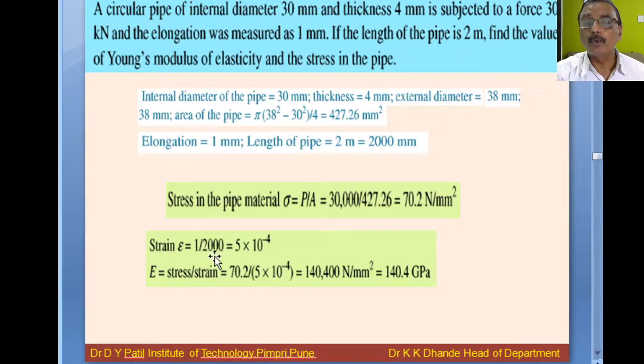So 1 upon 2000 becomes 5 into 10 raised to minus 4, that is the strain. Put this value here, you will get the modulus of elasticity E equal to 140,400 Newton per mm square, or you may say 140.4 gigapascal. Is it right?